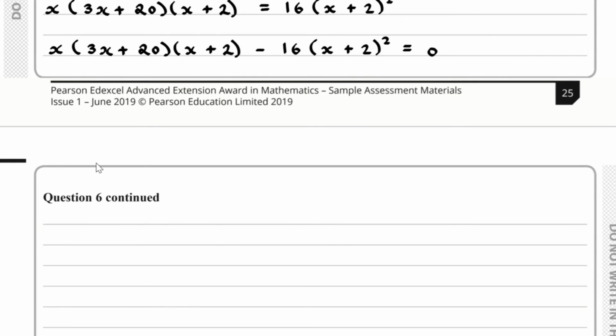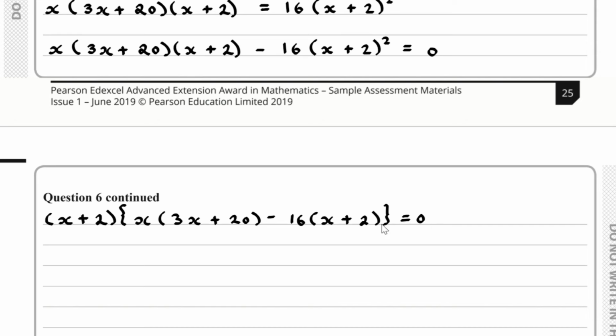Now if I factorize out an x plus 2, then I've got x plus 2 multiplied by x lots of 3x plus 20, and then I've got minus 16 lots of x plus 2, and all of this is equal to 0.